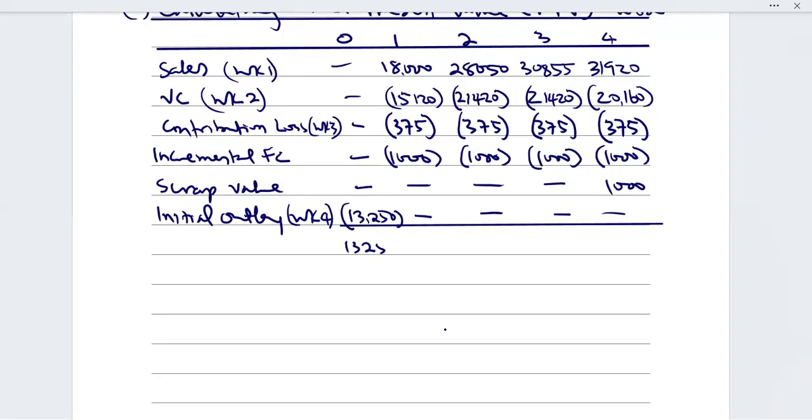13,250. Add it up fast. Let me do year 1: 1425. Okay, please, you guys should confirm more.